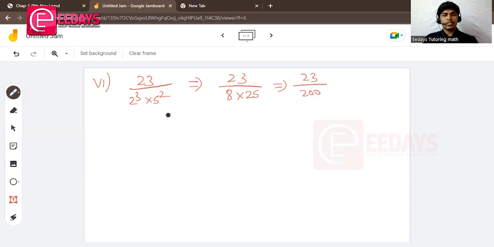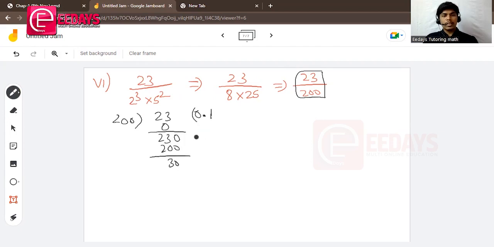Okay, now let's do the actual division. We just convert into a normal form because they're given in prime factorisation. So after doing the division, 200 into 23. 200 is greater, that's why we put 0, then put a point and 0 here. 200 ones are 200, 100 you will get, again 200 fives are 1000.